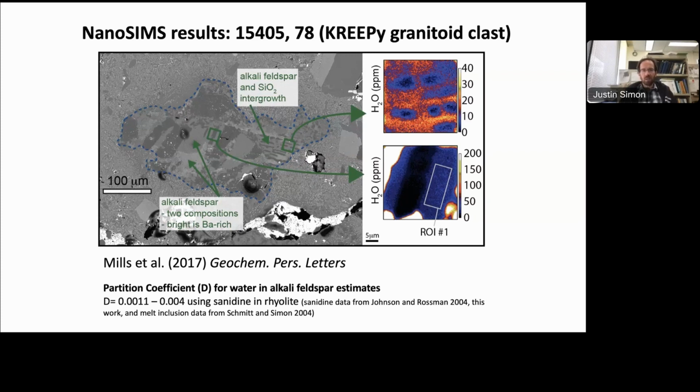And so this then gets into some of the technical details, but you can then predict the volatile composition of the melt from which these phases grew, based on how that water or that OH is partitioning between the melt and the solids, and there are assumptions in there.